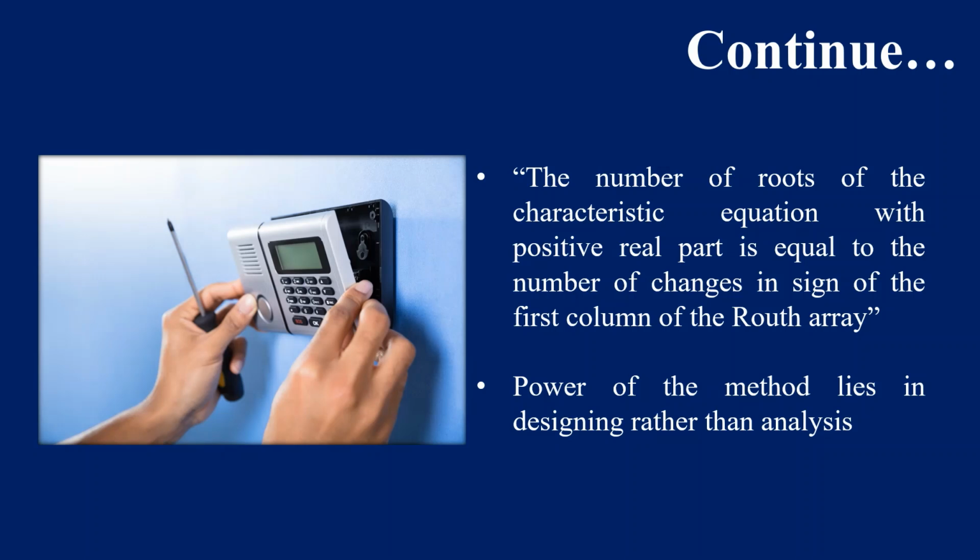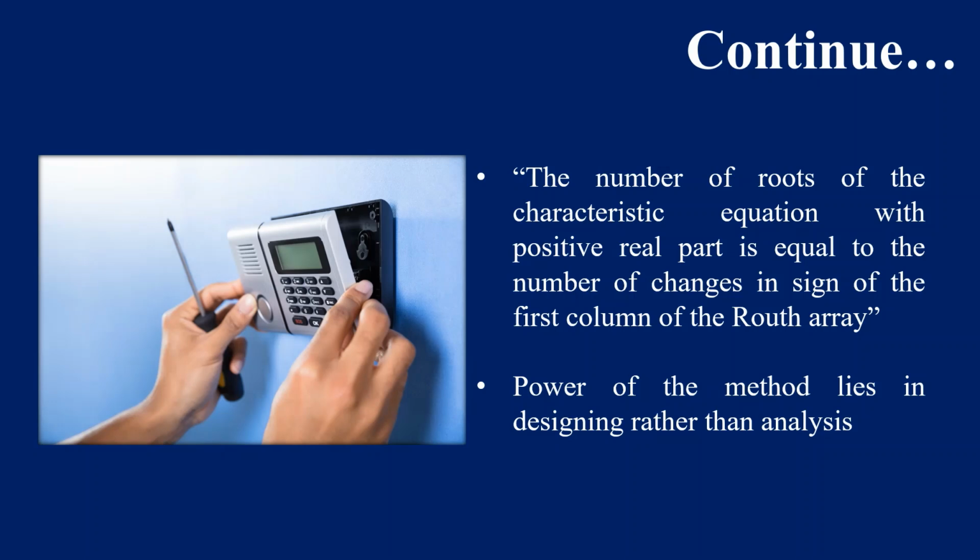For example, if you have an unknown parameter in the denominator of a transfer function, it is difficult to determine via calculator the range of this parameter to yield stability.